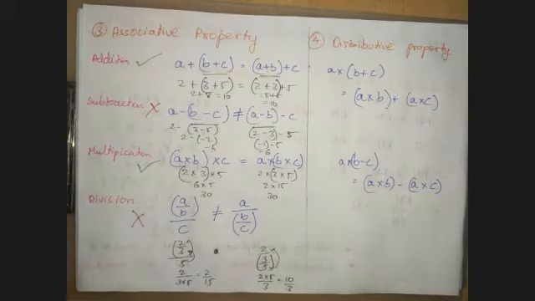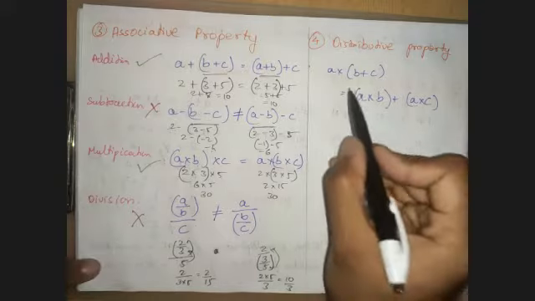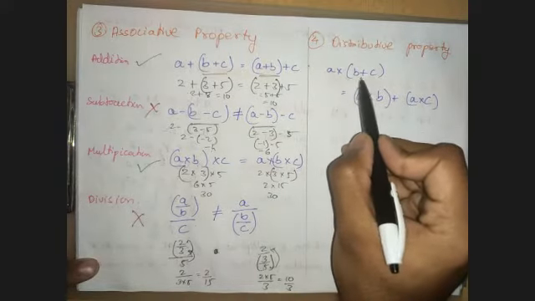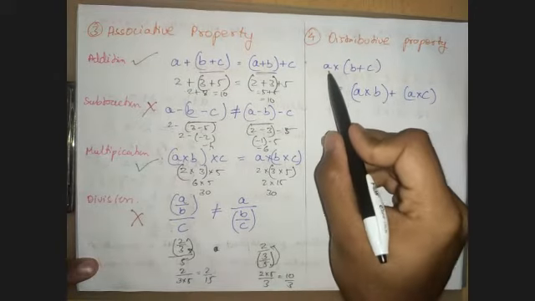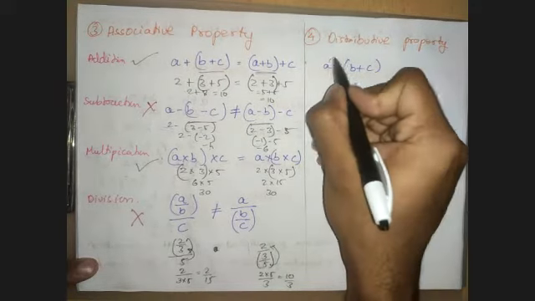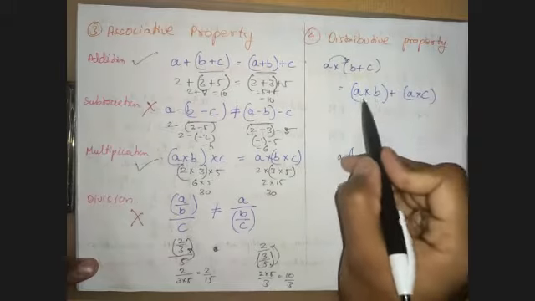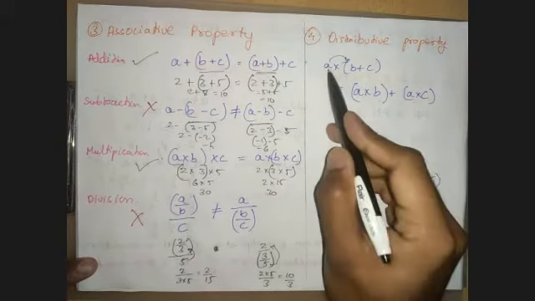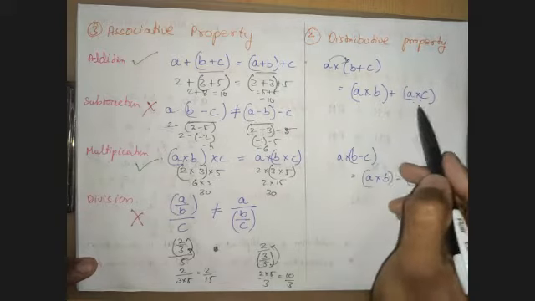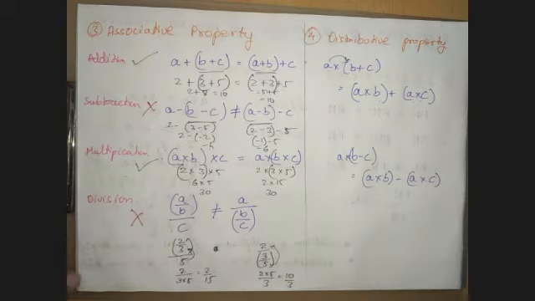Now let us come to the distributive property. What does the distributive property have to say? When I multiply A into (B plus C), it gets distributed, so it would be A into B plus A into C. A gets distributed to B and C. Is this right? Yes, it is right.